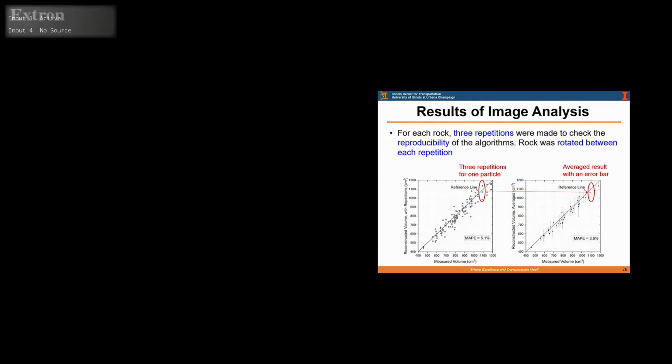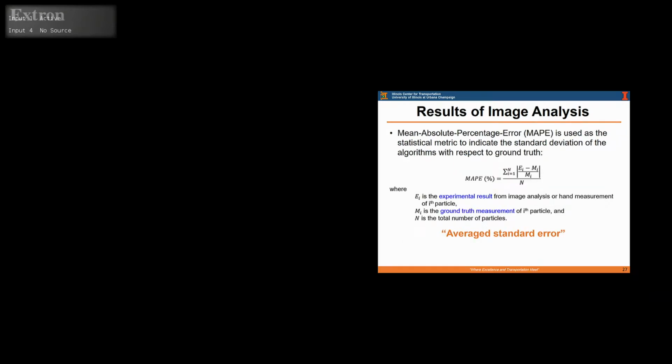That's the error term we use to check the accuracy of our algorithm. MAPE is defined as mean absolute percentage error. Skipping over the equations, you have a test result and a ground truth result. You calculate the percentage error between them and average that percentage error among all the data points.